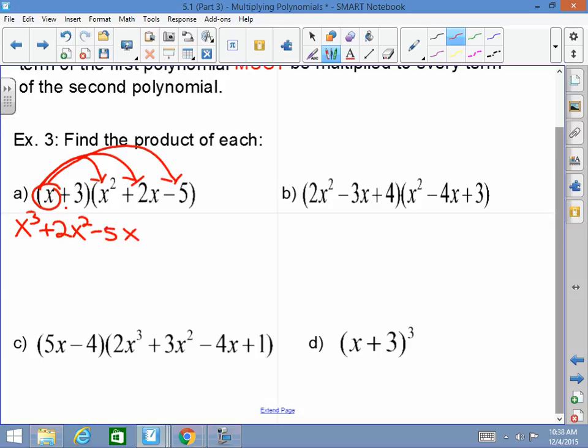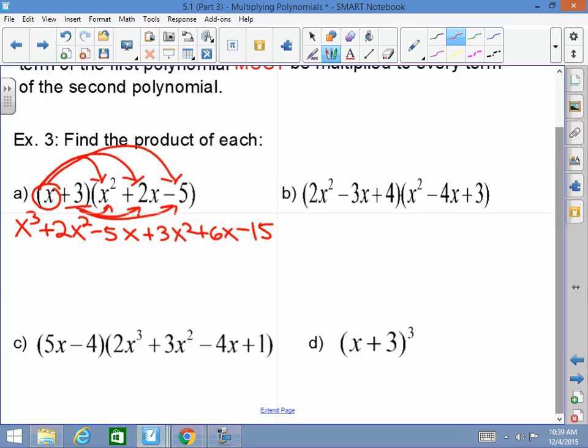Then I'm going to take my second term, that 3, and multiply it to everything inside of the trinomial again. So 3 times x squared is 3x squared. 3 times 2x is 6x. And 3 times negative 5 is negative 15.